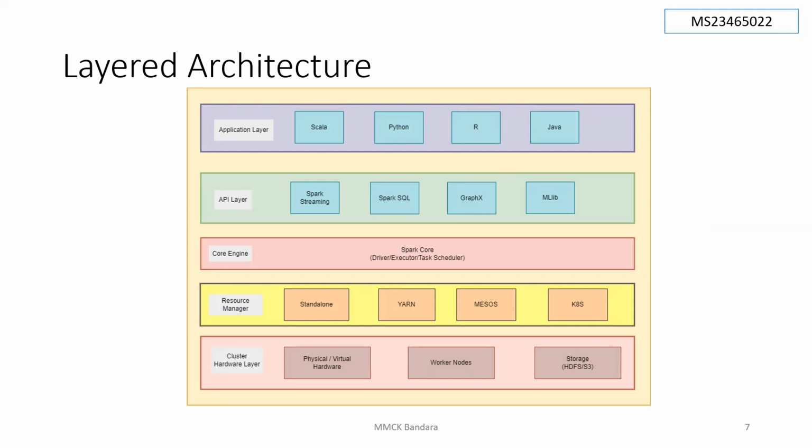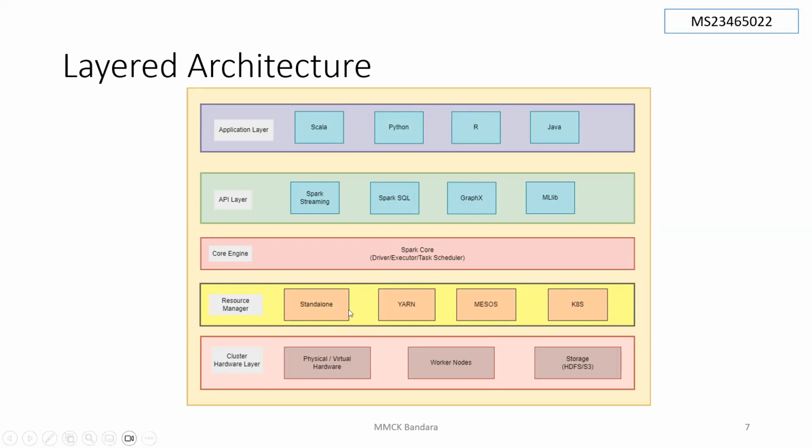The next level is the Spark Core Engine, which handles the internal logic and functionalities like drivers, executors, and task schedulers. And at the bottom level, we have the resource manager. This is basically the cluster manager itself.